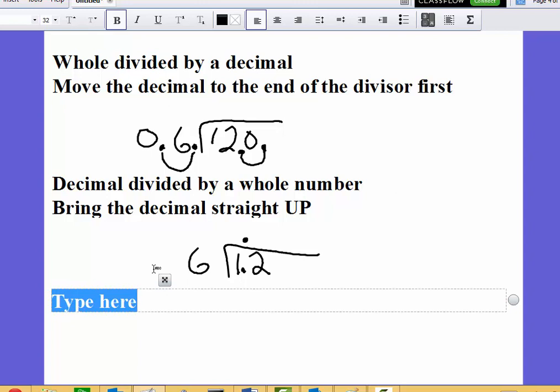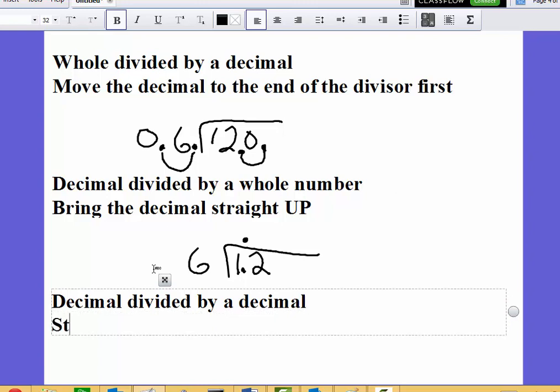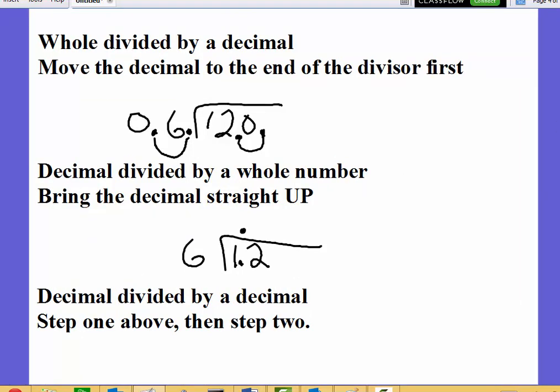My last one was a decimal divided by a decimal. And then what I'm going to do here is I do step 1 above, then step 2. So step 1 is I'm going to do this part first.